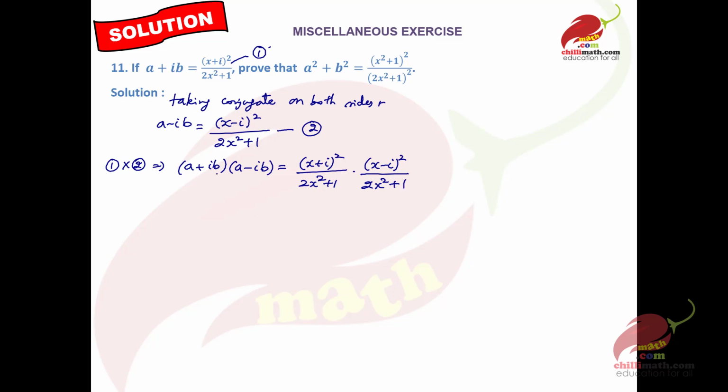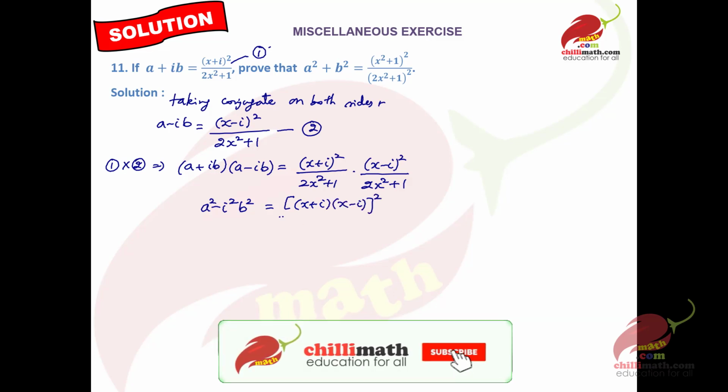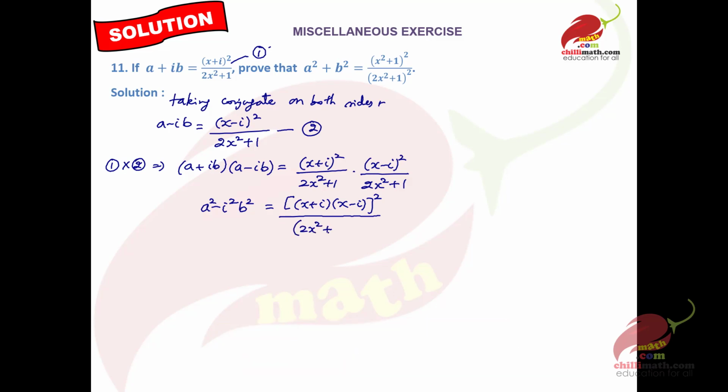Upon solving, this is a plus b into a minus b. We get a square minus b square. On the right hand side, this is a square into b square, which can be written as a into b whole square over 2x square plus 1 whole square.